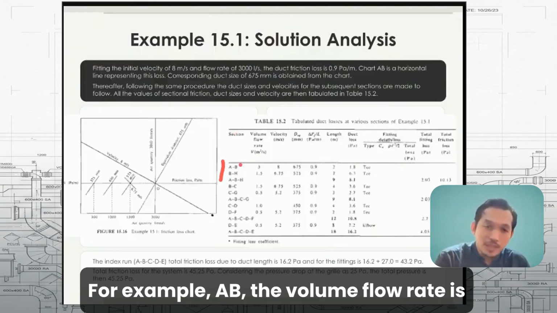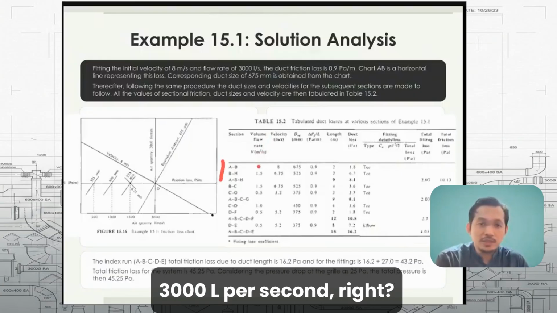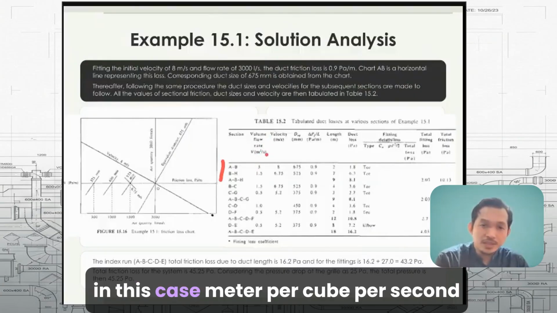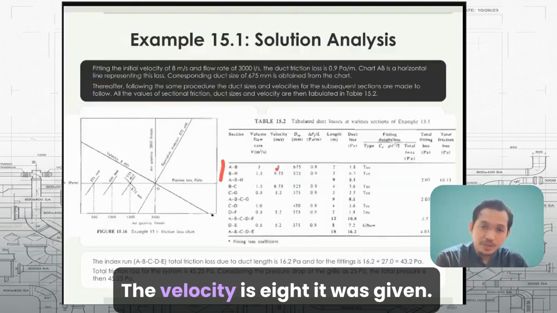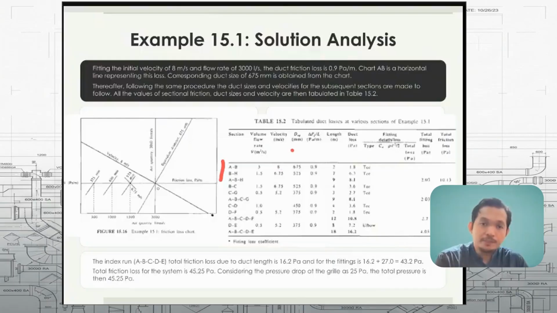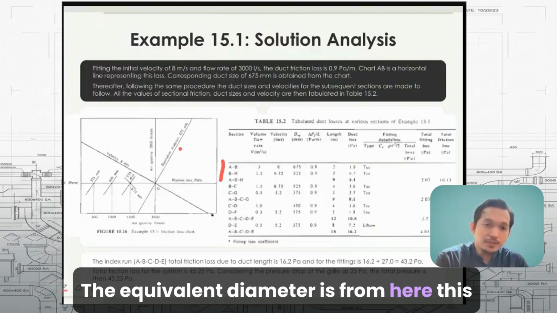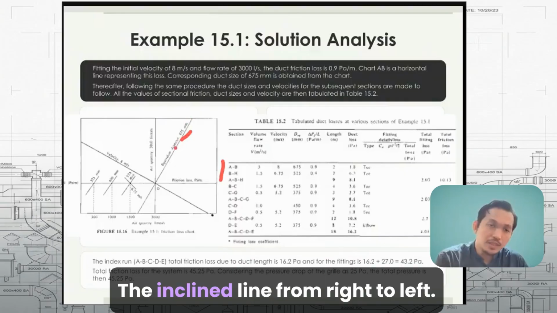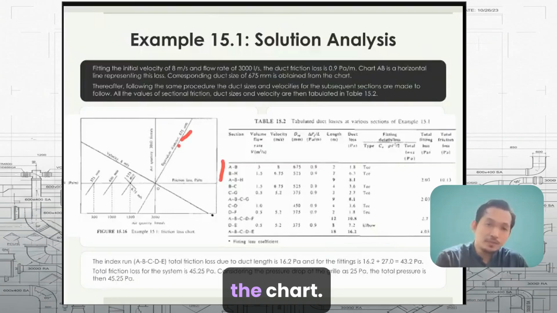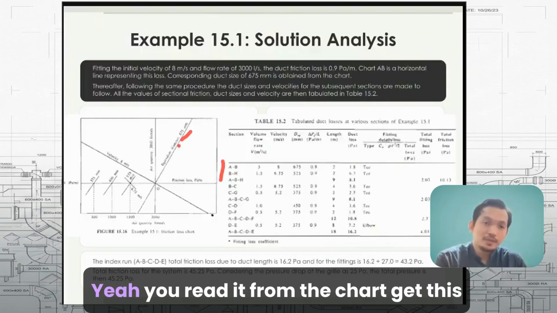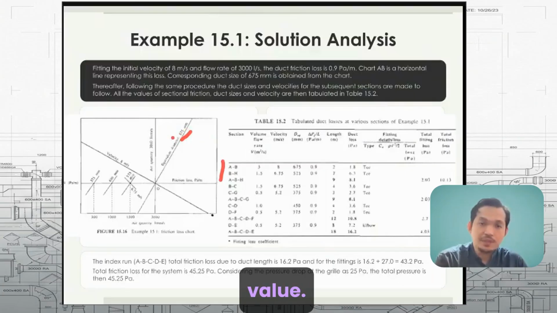For example, AB, the volume flow rate is 3,000 liter per second, in this case 3 meter cube per second. The velocity is 8, as given. The equivalent diameter is from the inclined line from right to left. You read it from the chart and get this value.